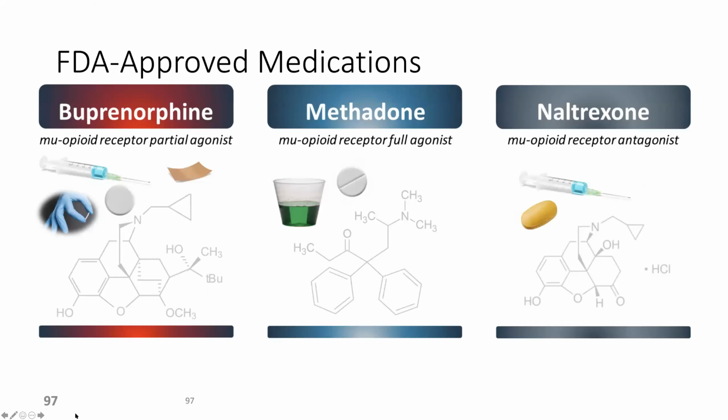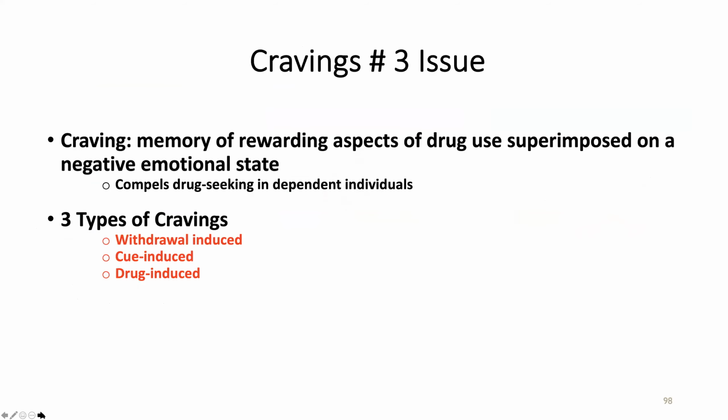Again, here are the drugs that we mentioned. I won't reiterate those. And the third is the cravings. We're going to manage cravings. So if I'm going to manage withdrawal with methadone, OTP, I manage cravings with various other medications, if it be withdrawal, cue-induced, or drug-induced.